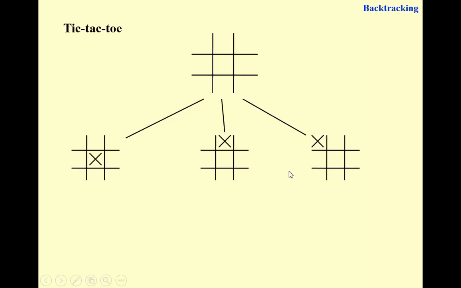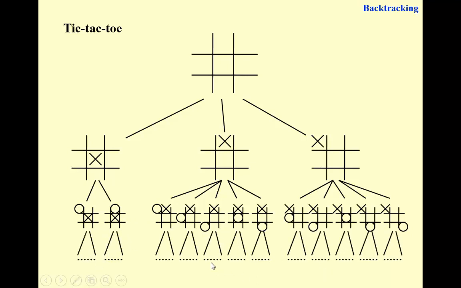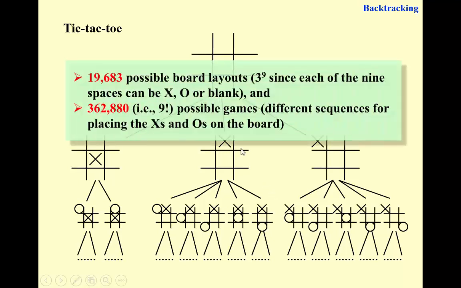Alright, and the next move is made by the human. And so for the human, we have that many different options to place the next nought. Then the next turn will be the computer, and so on and so forth. And for such a small game, what do we get? We have that many possible board layouts.